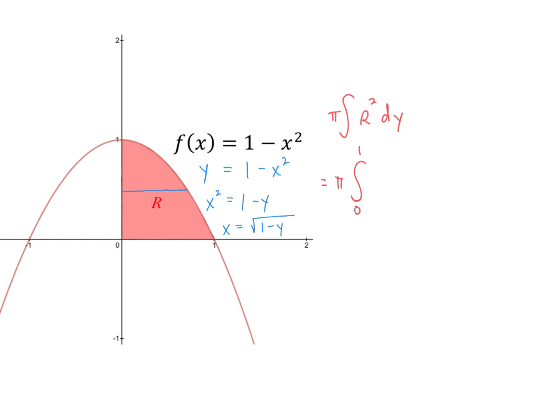So those are our limits. And then it's the square root minus y squared. Okay, and then I won't solve this, but definitely we'd simplify this. All right, and then evaluating that would be that volume.